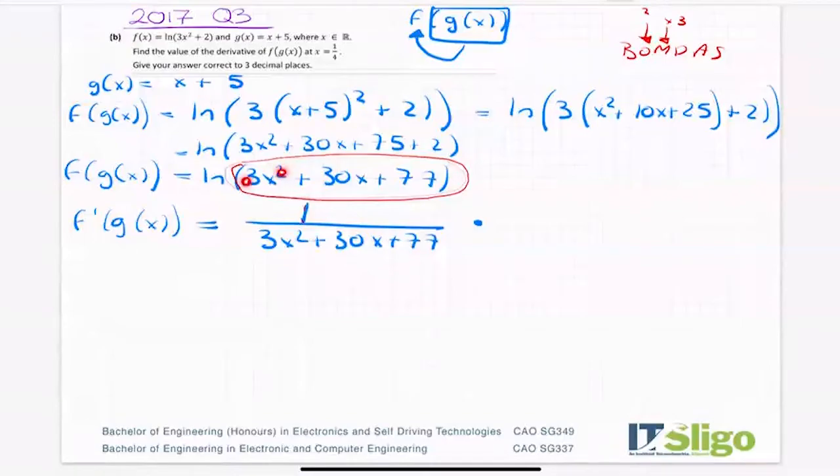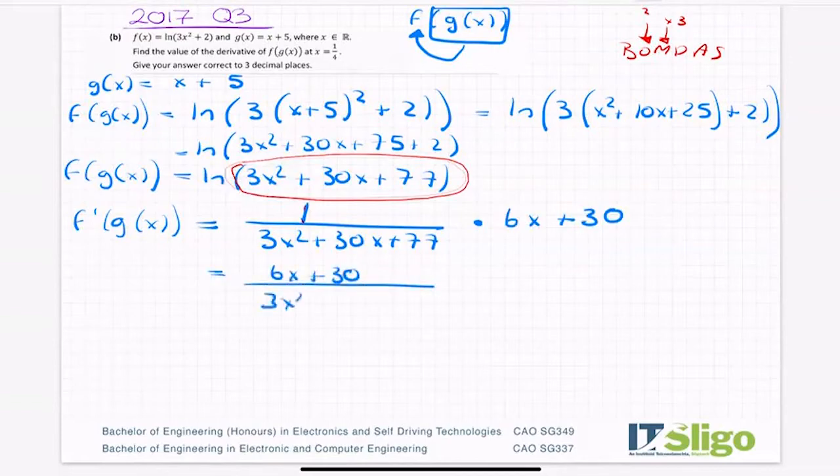So it'll be take down the power, 2 3's are 6x, differentiate 30x, and you get 30. Okay, so it's 6x plus 30 over 3x squared plus 30x plus 77. Okay, that's how you multiply fractions, top by top, and that's over 1 bottom by bottom. Okay, so that's f dash of g of x or dy dx, the derivative of it.